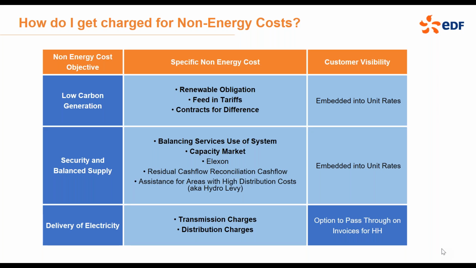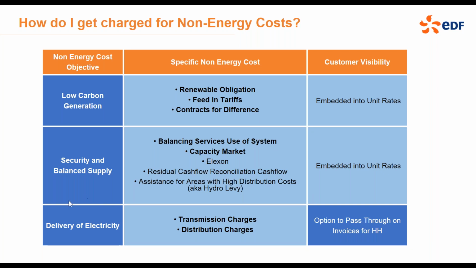But one of the questions that came in advance was how do I currently pay for these costs? So this slide was a view around every pence per kilowatt hour that you pay against includes all of these component parts, certainly for the top two boxes.